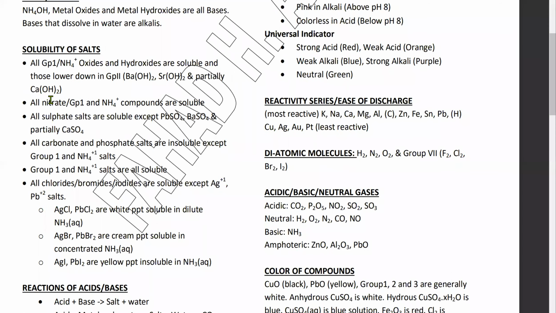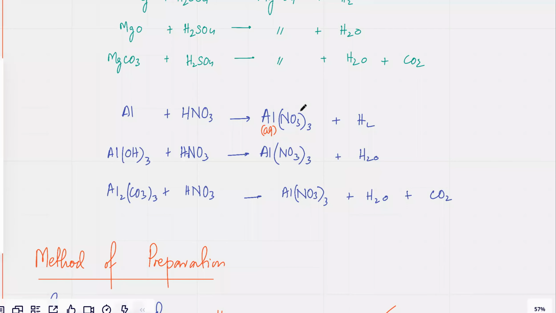So anything that contains NO3 is soluble. So again, you have a soluble salt, and the reactant is insoluble. That's aluminium, that's a metal.